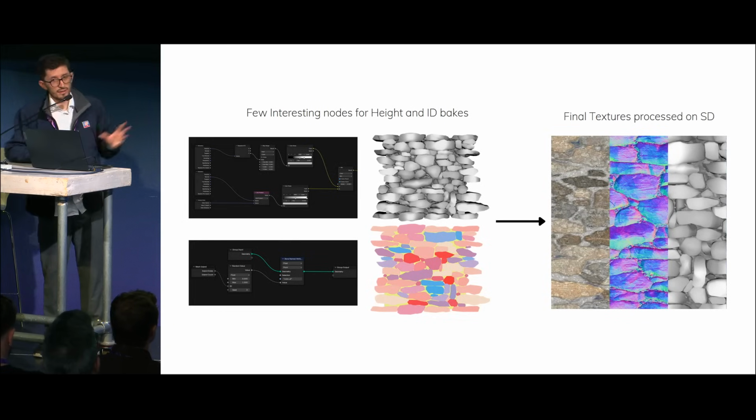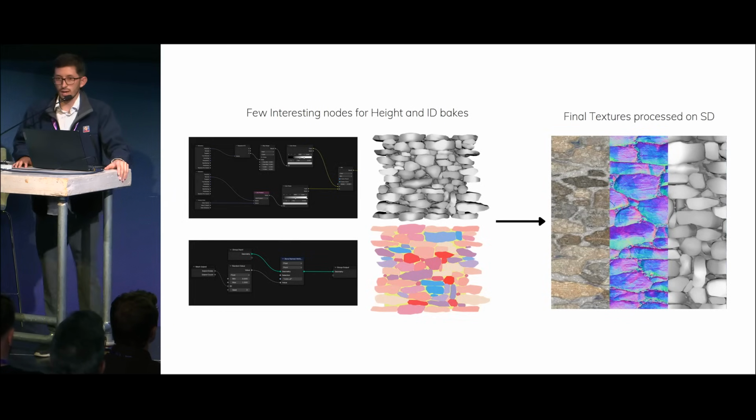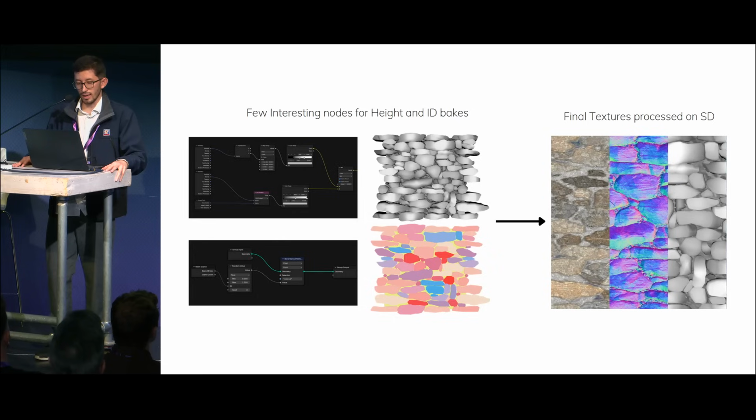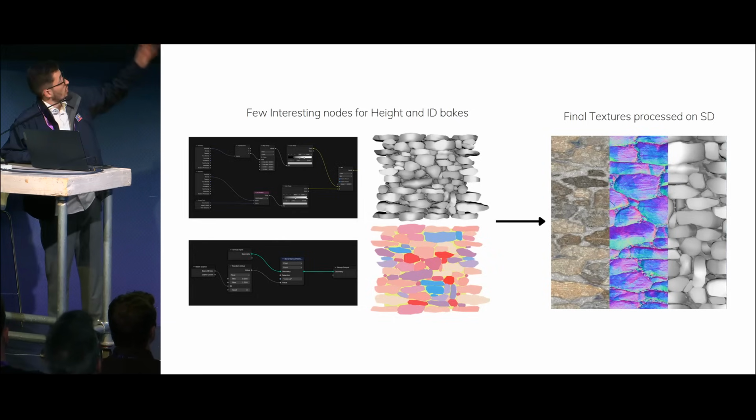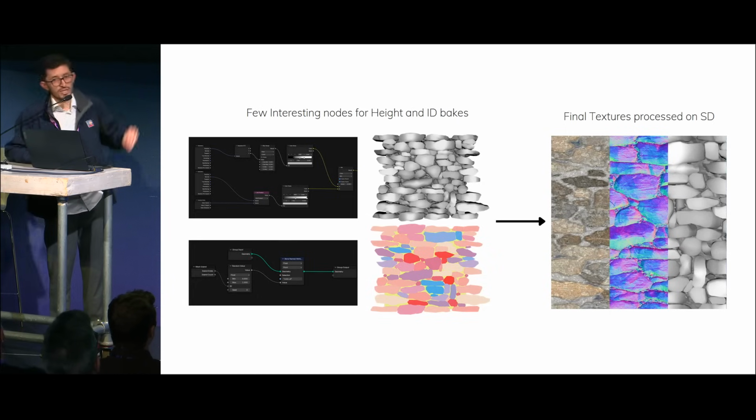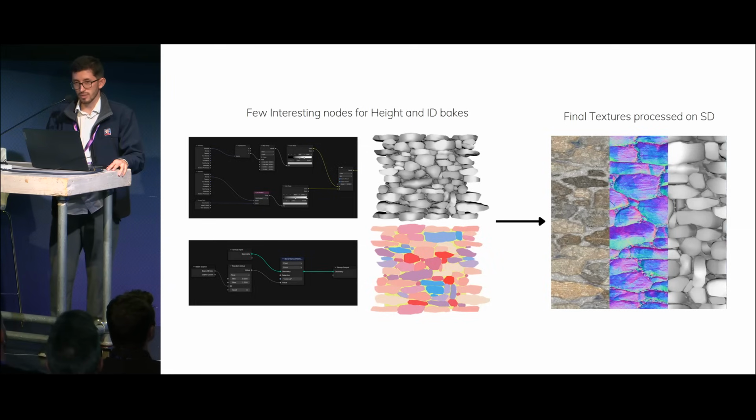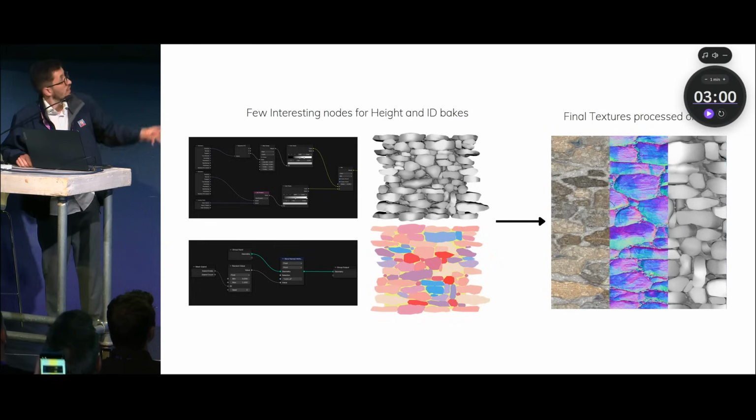And this is some of the nodes that I use to extract the most important bakes to start playing in Substance Designer. So for the height map, this is a really easy setup of nodes, but it allows me to move the different displacement or height information that I wanted.